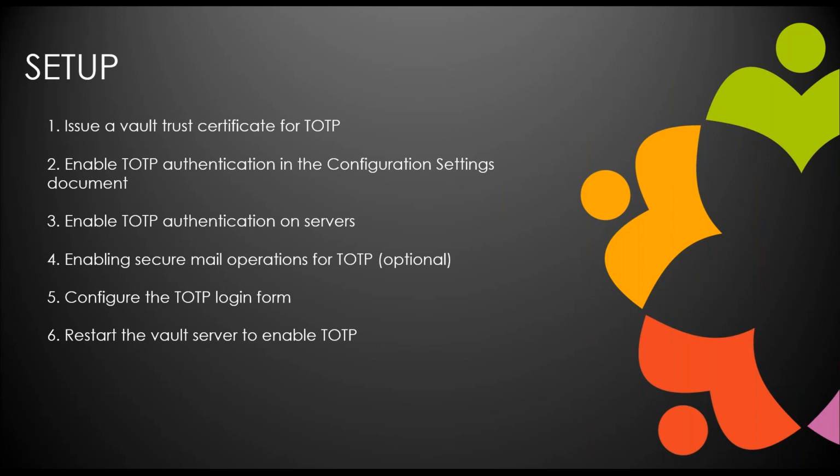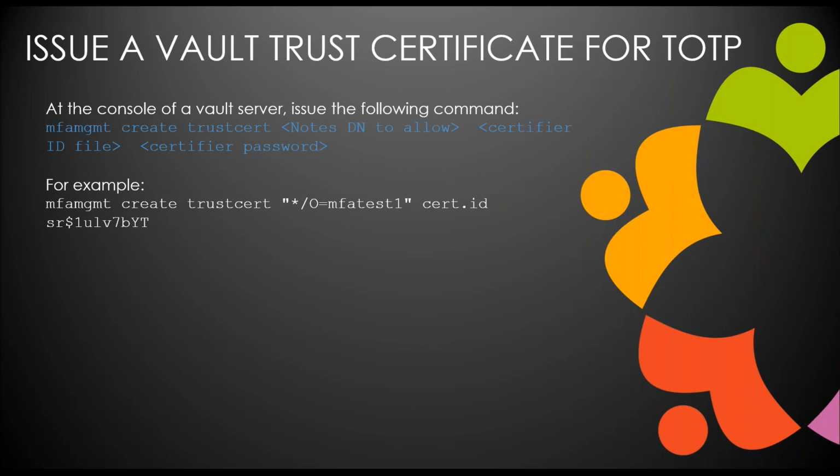Optional, you can enable secure mail operation for TOTP that allows users to do something more, like signing, encrypting, and these kinds of things. Then you have to configure the TOTP login form and restart the Vault server to enable TOTP. We'll go through those steps one by one.